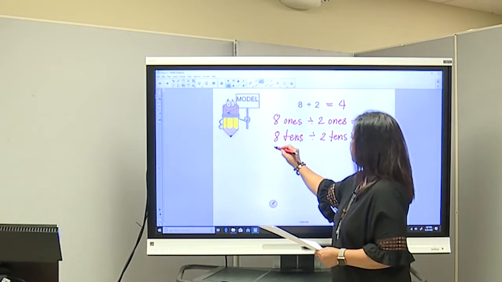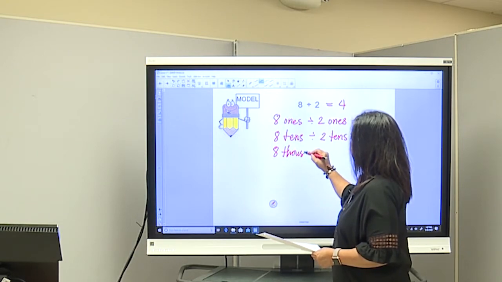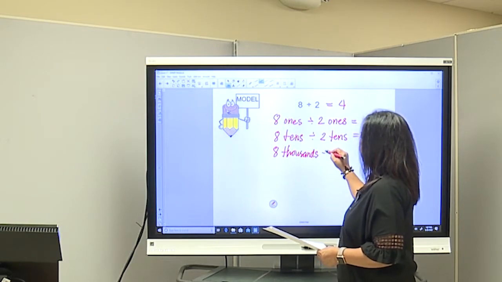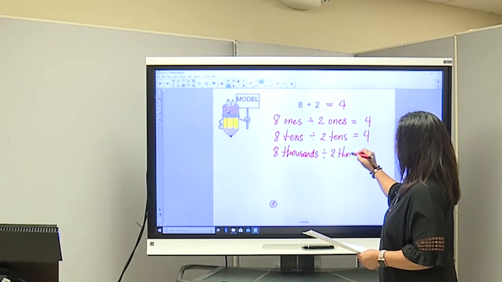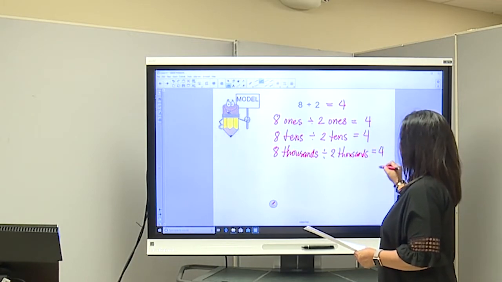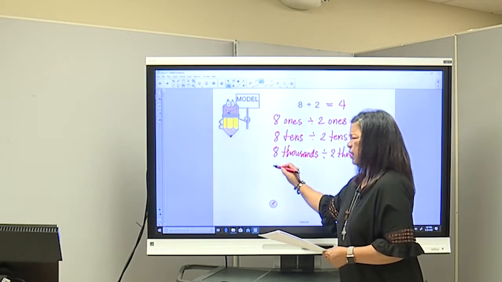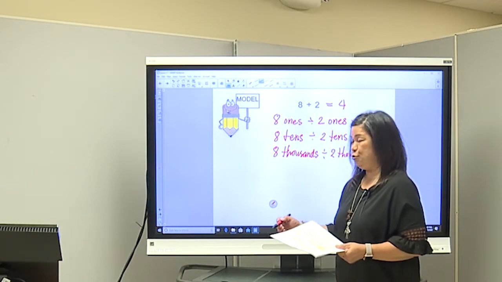Try another one. 8 thousands, okay, divided by 2 thousands. Yes, you're right. The answer is 4. Now let's say it's a fraction, but we're going to write it in unit form.